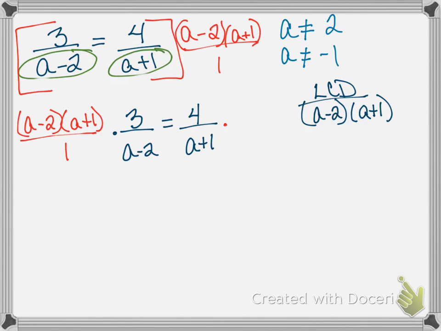And then I've got a minus 2 times a plus 1 over 1. So I am multiplying everything by my LCD.